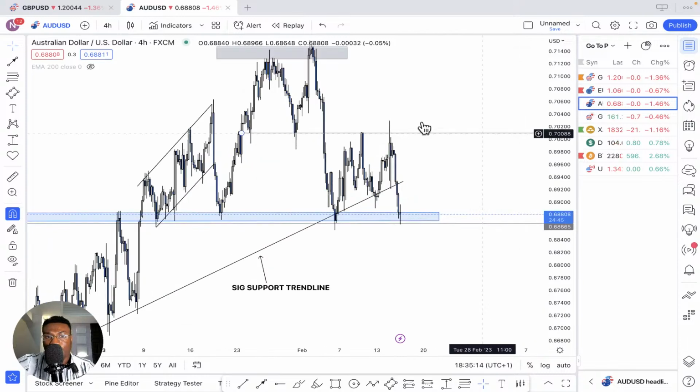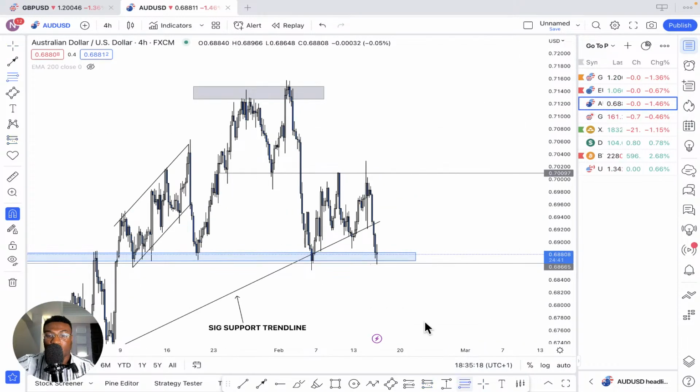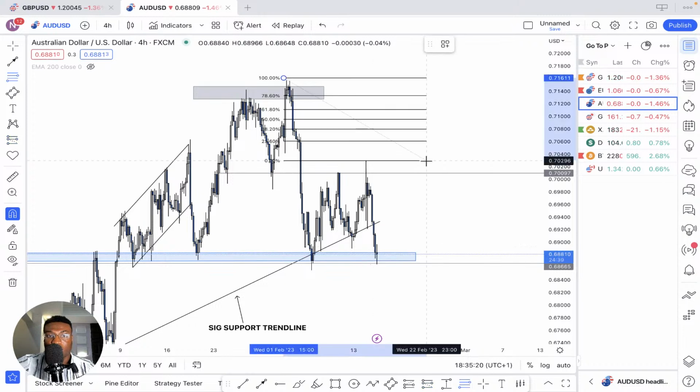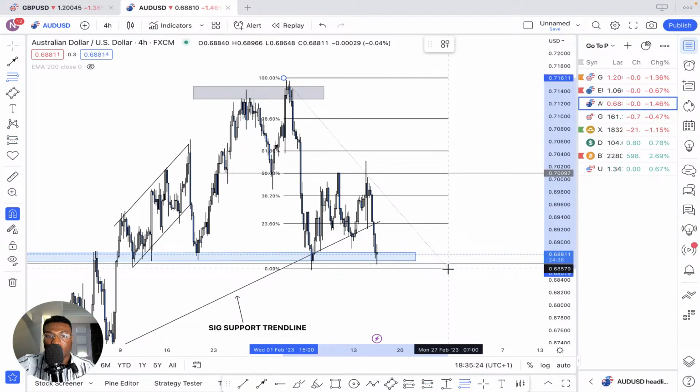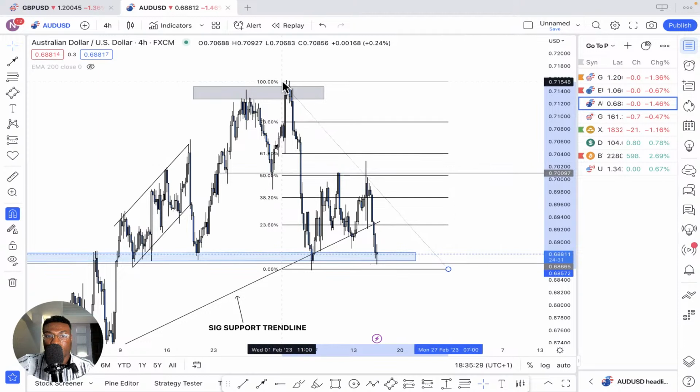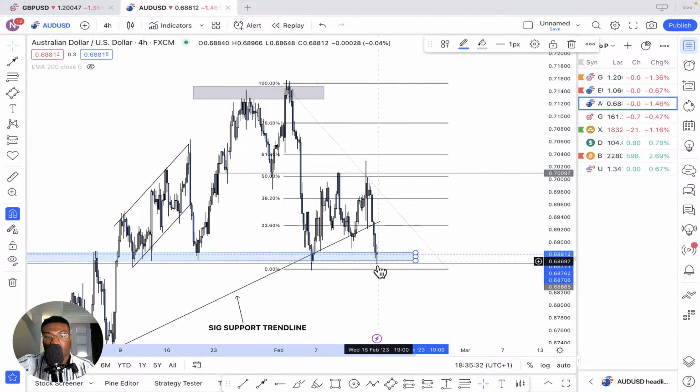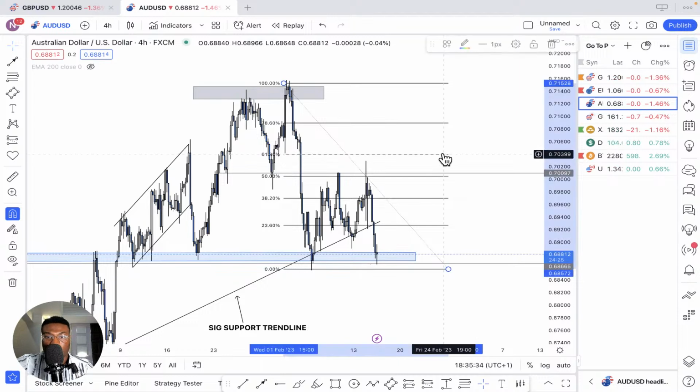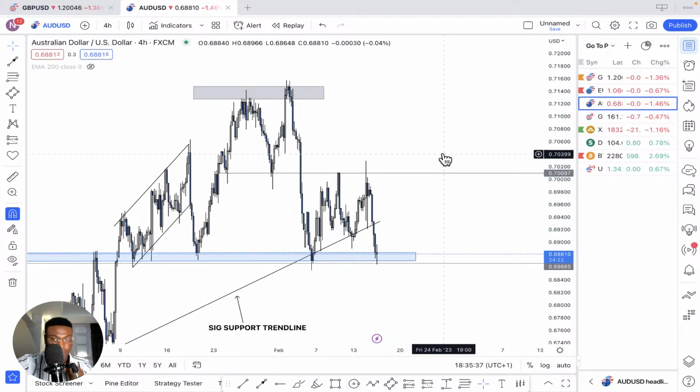I think I could also use the Fibonacci. We didn't really see any bounce off at the 61.8 extension level, but most oftentimes the market also makes these reversals or turnarounds on the 50 point and the 71.8 as well.